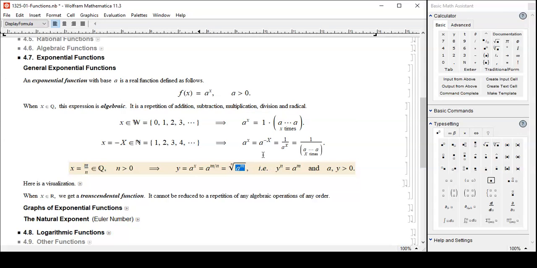Now a to the m power, if m is positive, you can define it by repeated multiplication. When that's negative, you can define it by repeated division. So a to the mth power is okay. And then once that is done, we consider the nth radical. Nth radical, what is it? It is the y value so that y to the n power is a to the m power.